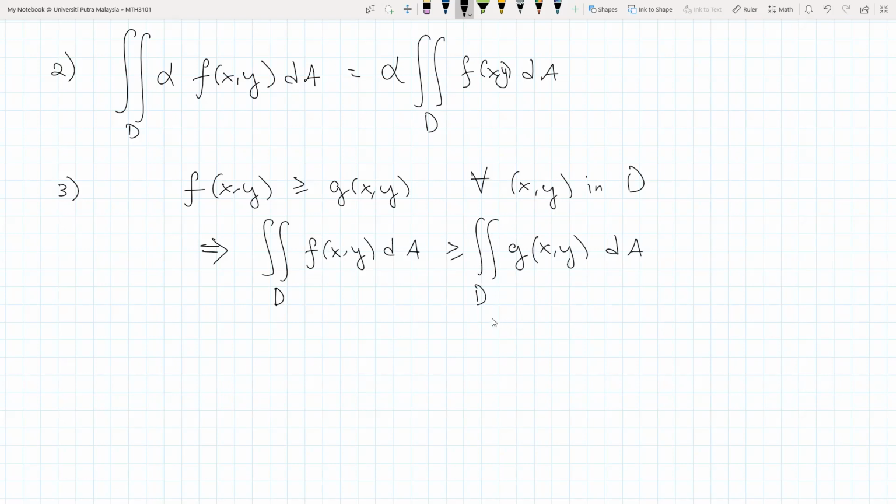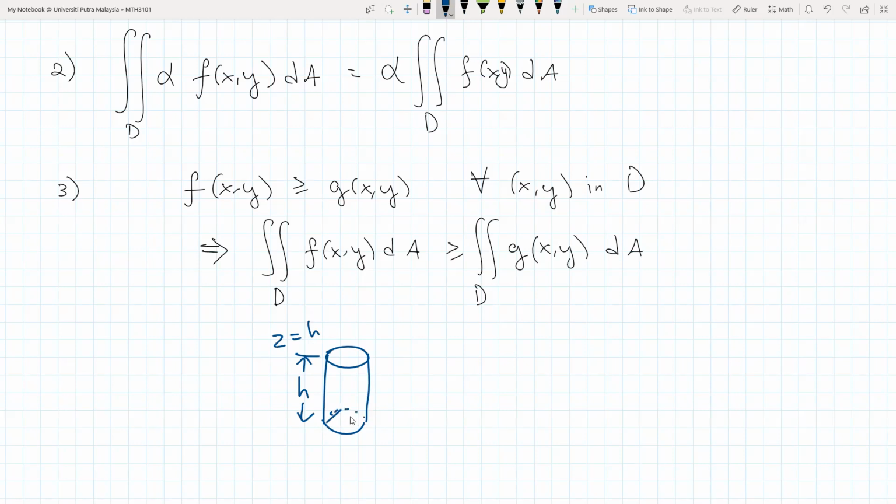Sebab apa? Sebab kalau awak nak faham dari segi physically, contohnya kalau saya ada let's say use a cylinder, this is height h. Okay, so the height, katakan z equals to h, right?